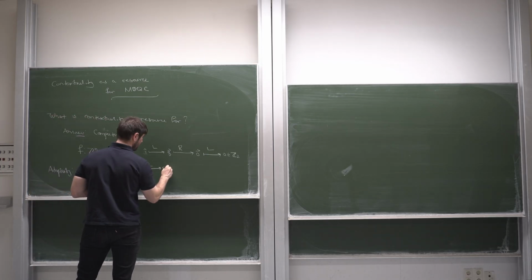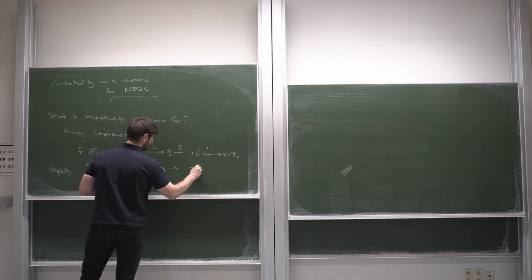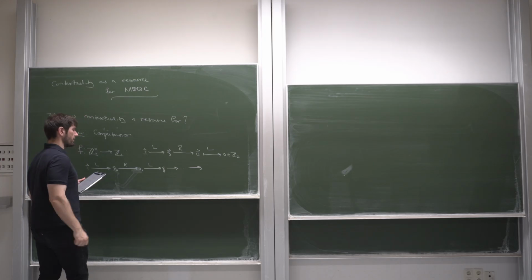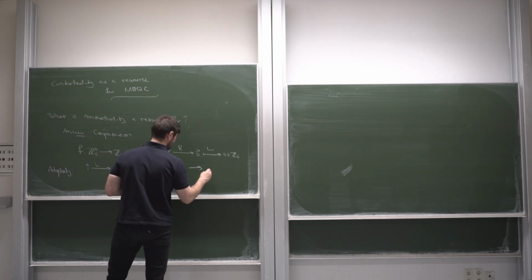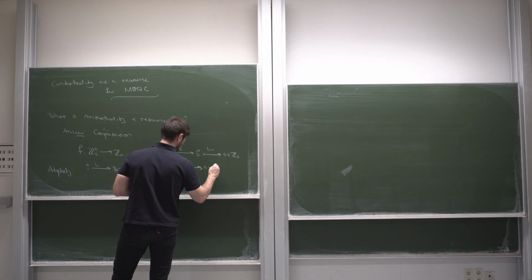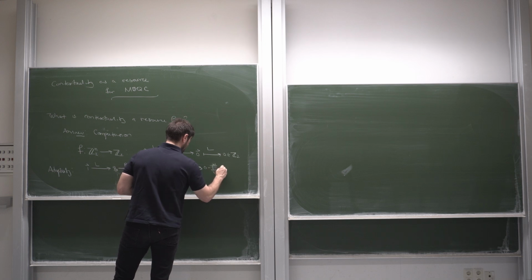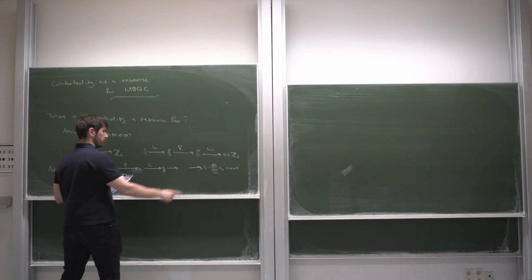And then we iterate this for all the parties until we get some final output parity. Output is equal to the sum, k equals 1 to n of O_k modulo 2. So we get this.